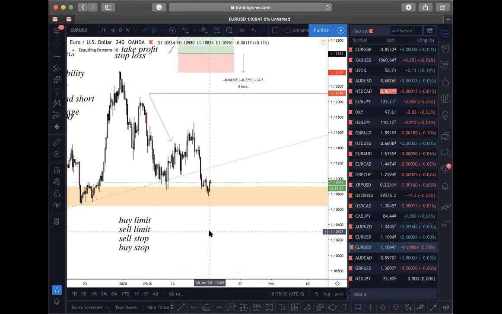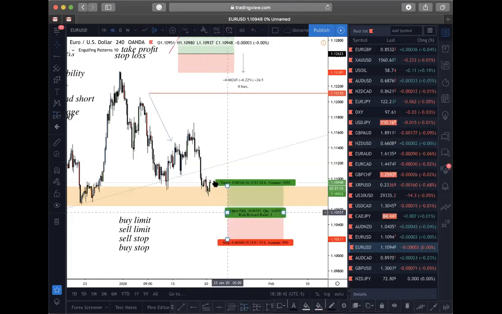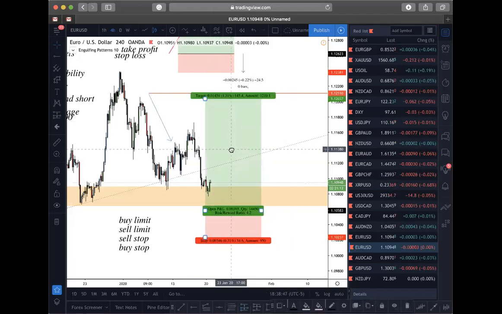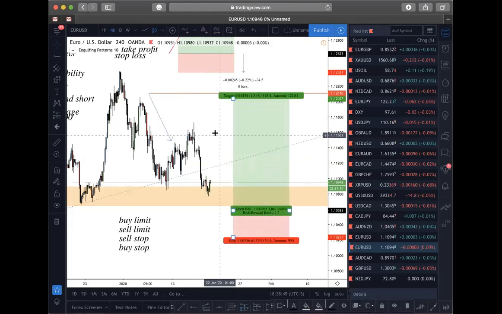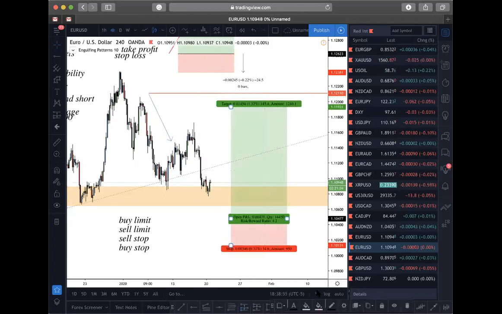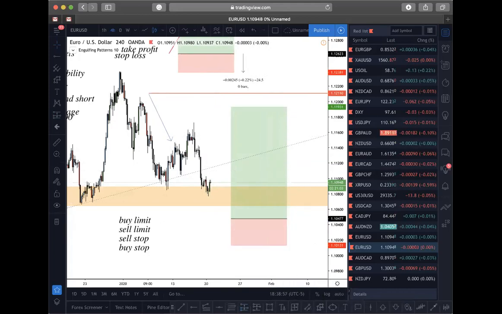So a buy limit is simply you setting up a buy trade. However, the trade has not been activated yet, right? Because the market has not gotten to the price that you want it to activate. When it does, it will activate by itself. So usually a buy limit would look like this.